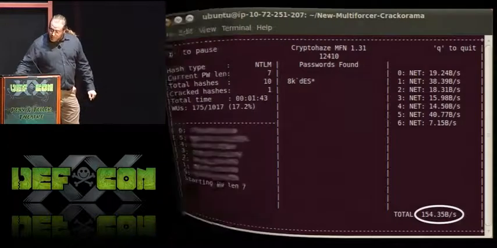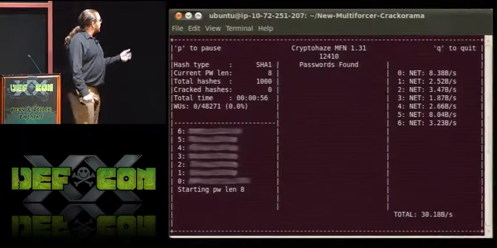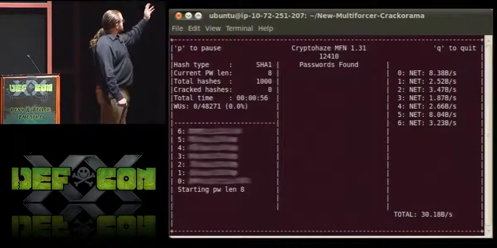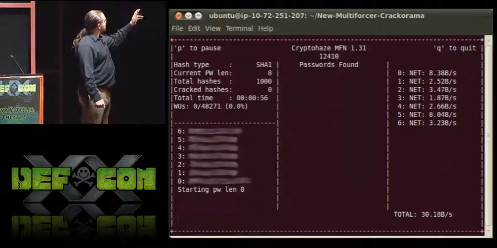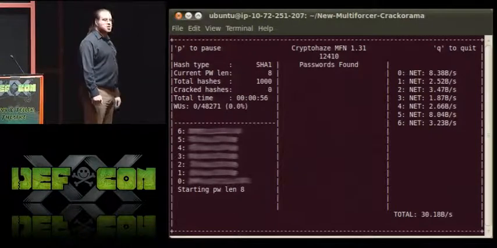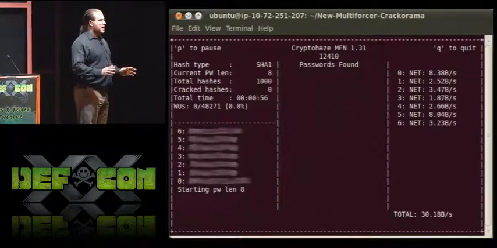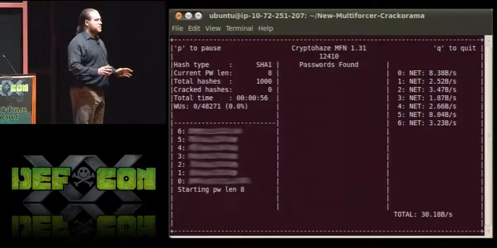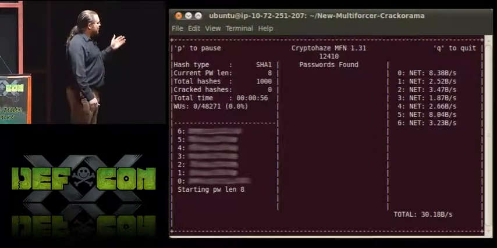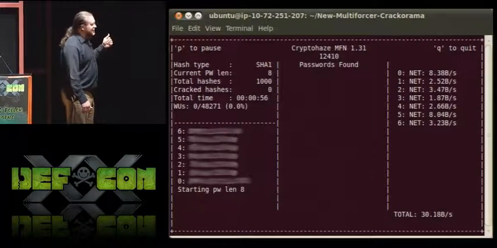I also support doing things like SHA-1 hashes. This is an attack using the same set of systems on 1,000 length 8 SHA-1 hashes. If this doesn't scare you, you've probably been writing websites, so please salt your hashes. Because otherwise I can do this to them.